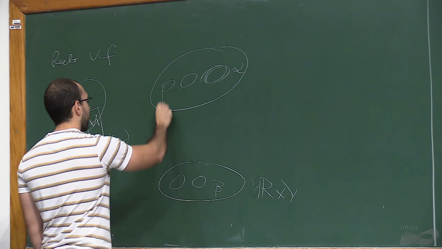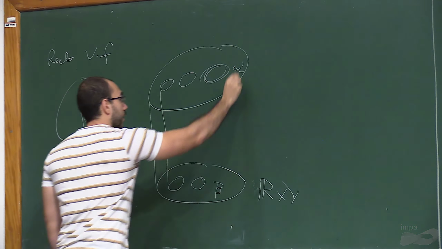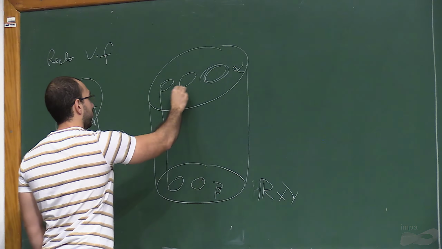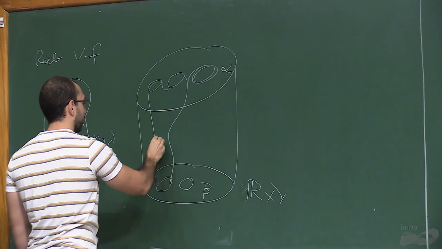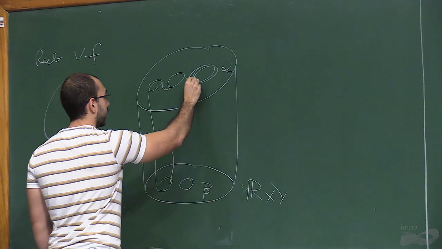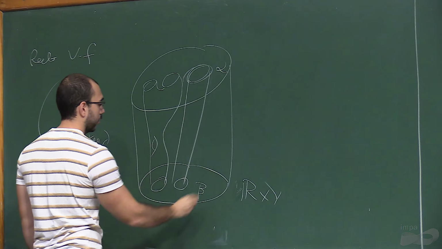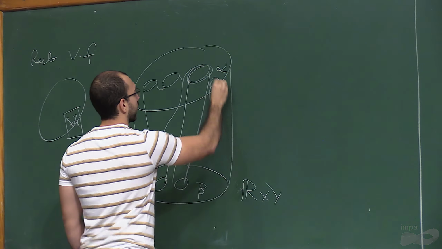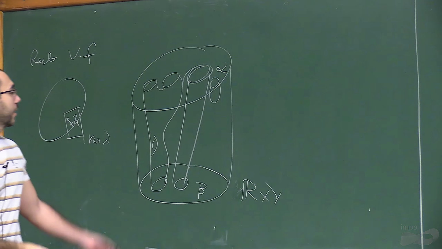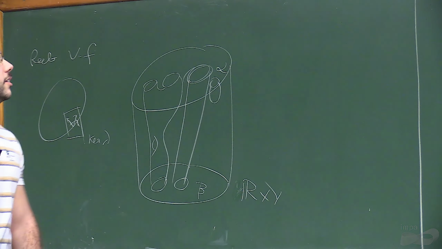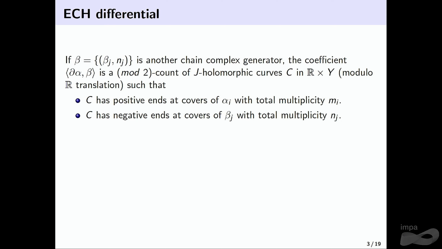And then we count some holomorphic curves in the symplectization, something like this. We could also have something like this. They can have genus. But the miracle here is the magical number called the ECH index. So for a curve, we have a topological number associated to it, which is called the ECH index. And this is the guy here.